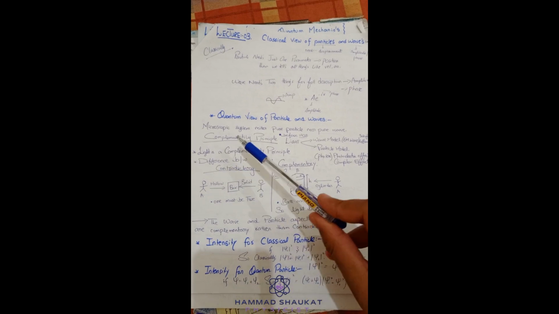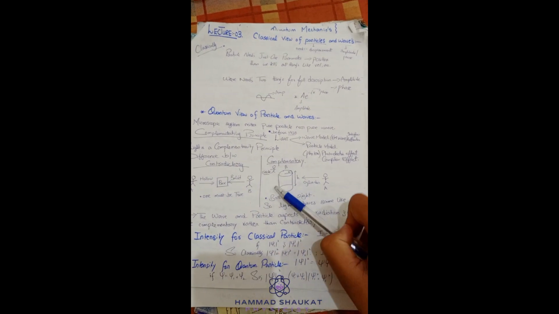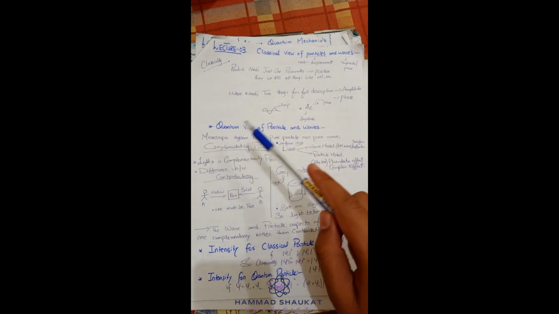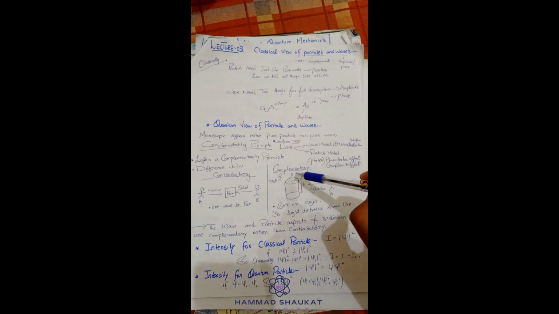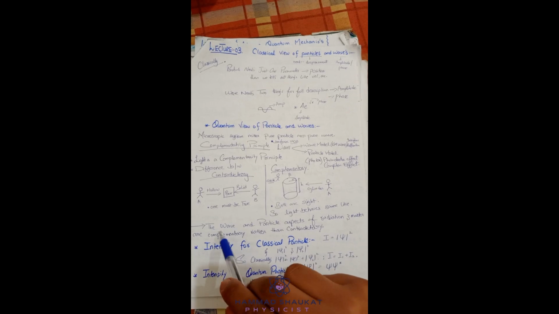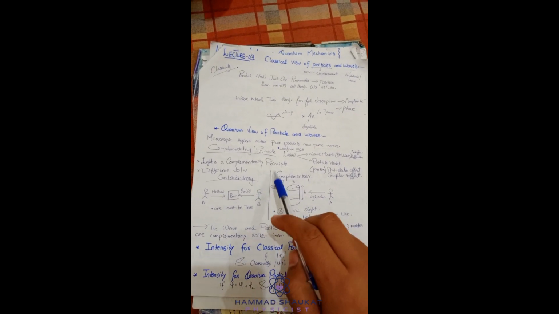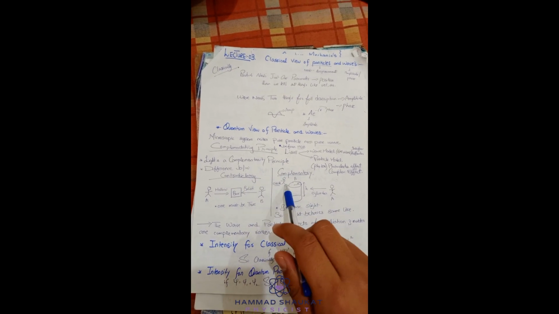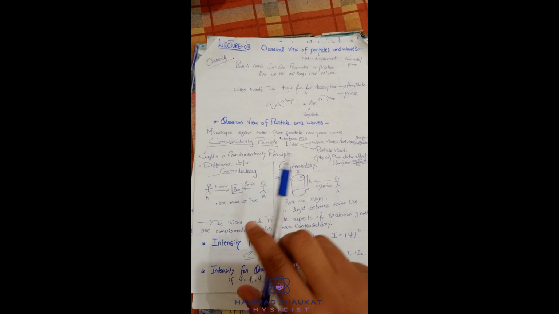There are two things, one is contradictory, one is complementary. Quantum mechanics is complementary, not contradictory. The wave and particle aspects of radiation and matter are complementary. We will understand with an example what is contradictory and what is complementary.